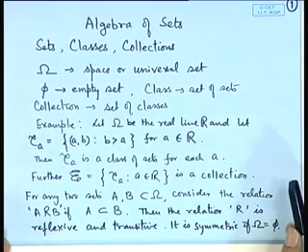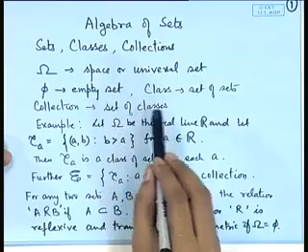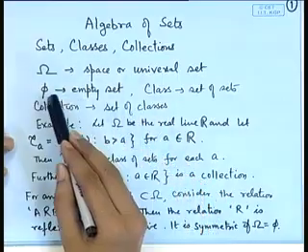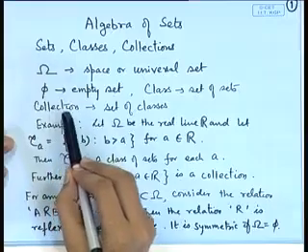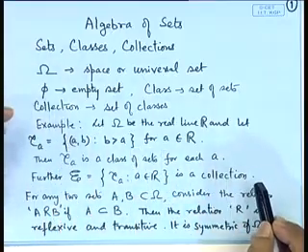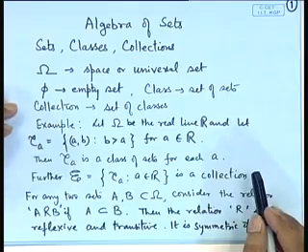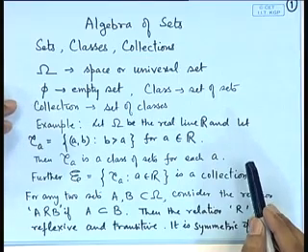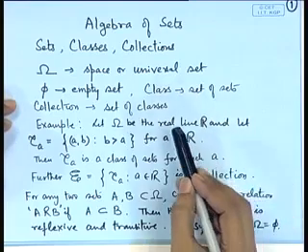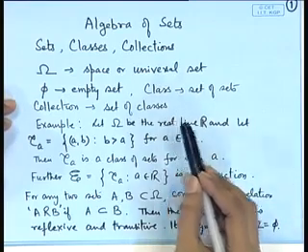We start with a universal set, let us call it omega, and then we also have the usual notation for the empty set as phi. We call a set of sets a class and a set of classes a collection.